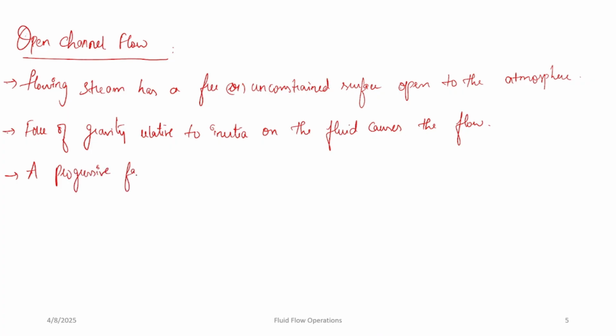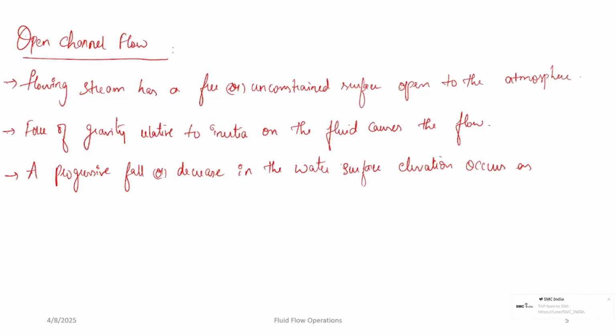A progressive fall or decrease in the water surface elevation occurs as the flow moves downstream.